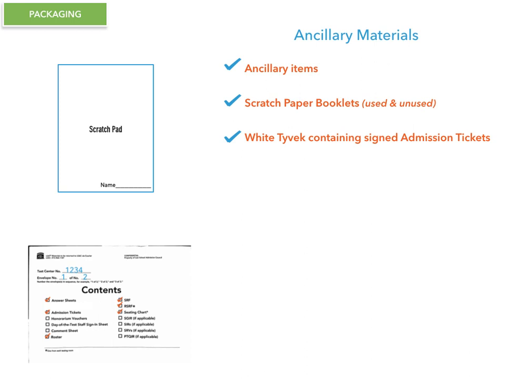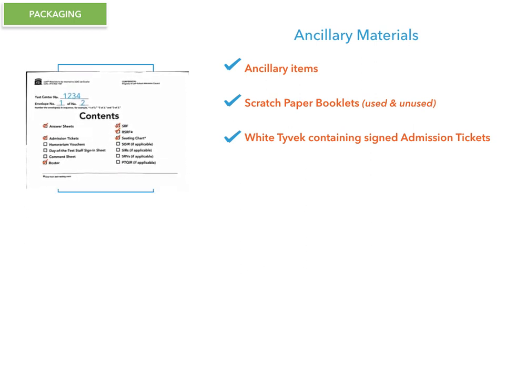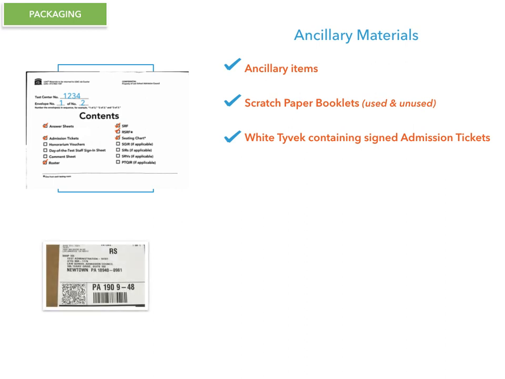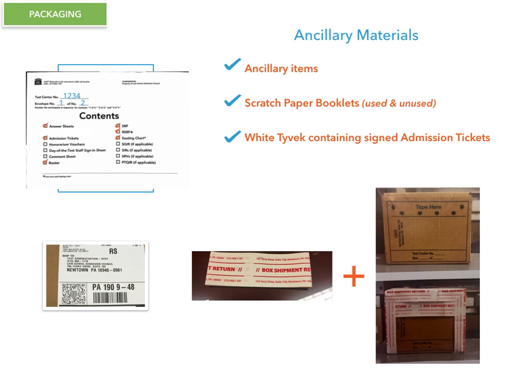This envelope must be placed on top of the scratch paper booklets. Once all ancillary materials are packaged, the CS will refold the flaps on the box so that the return shipping label with LSAC's address and the letters RS show on the top flap. The open edges of the box should then be secured with paper back tape as shown.